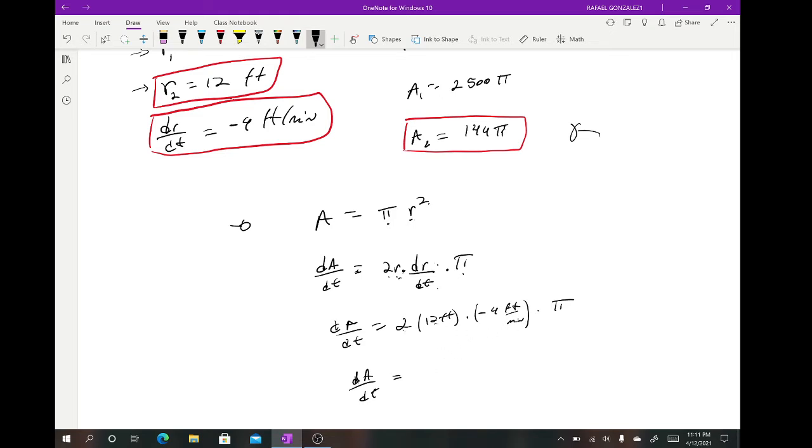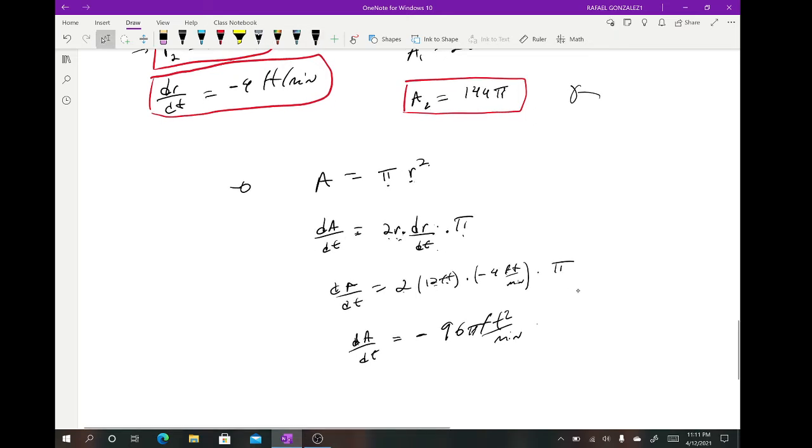Let's see, 2 times 12 is 24, times 4, yeah, 96. So we have negative 96. You multiply the feet, that's feet squared per minute. Remember the pi is there, so times pi. So it's negative 96 pi feet squared per minute. So this means that the area of the circle is changing, or is decreasing, by 96 pi feet squared per minute.